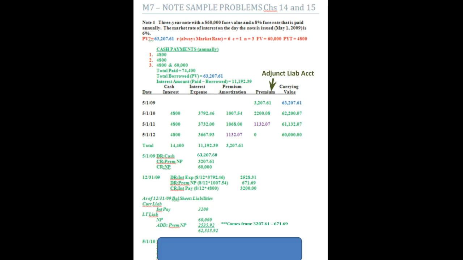The premium account has 3,207.61 as a credit, but remember the adjusting entry, we debited 671.69. So the 3,207 minus the 671 gives you the premium number there. And in a second, we're going to go back to the discount, because I think we did something incorrectly yesterday.